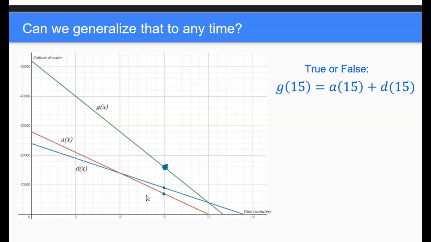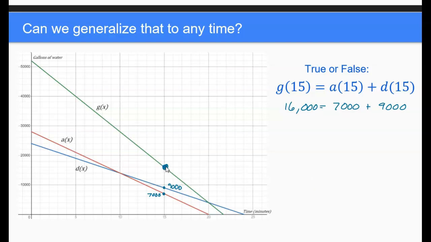Looks like it's right in the middle, so this must be 7,000. And then this one is 2,000, 4,000, 6,000, 8,000, again right in the middle, so this must be 9,000. So A of 15 is 7,000, D of 15 is 9,000, and if we add those together, we get 16,000.